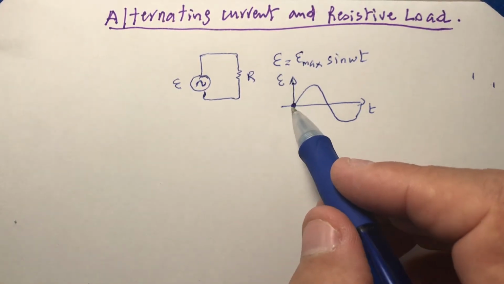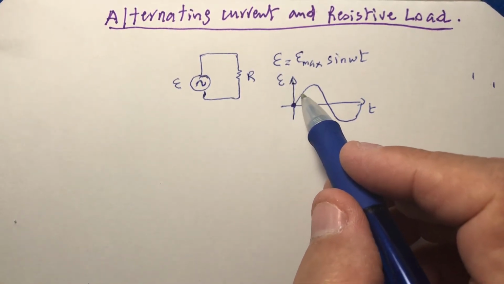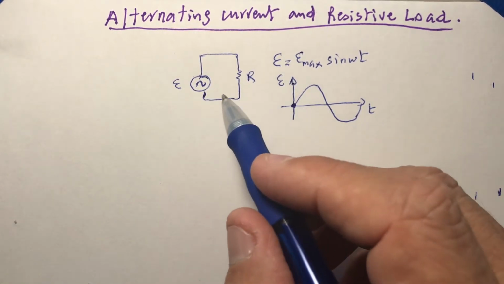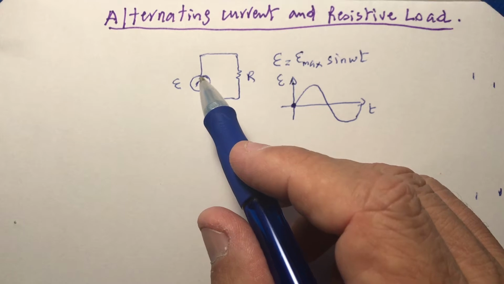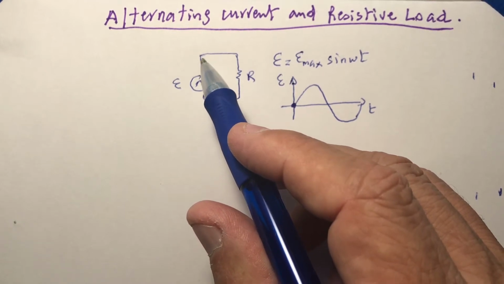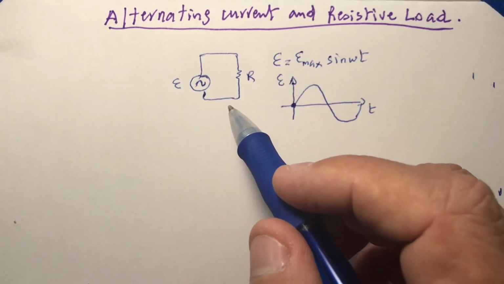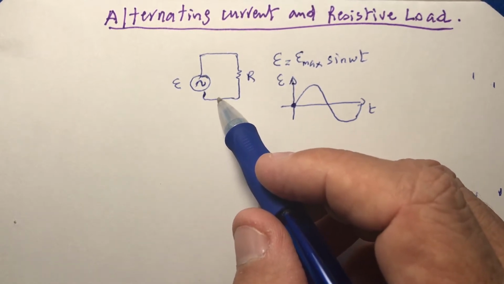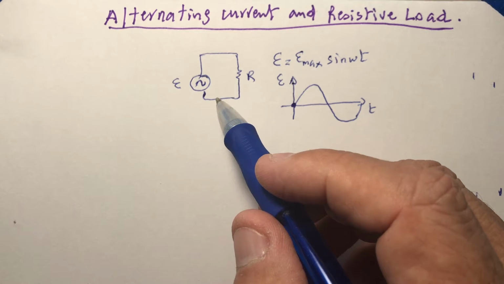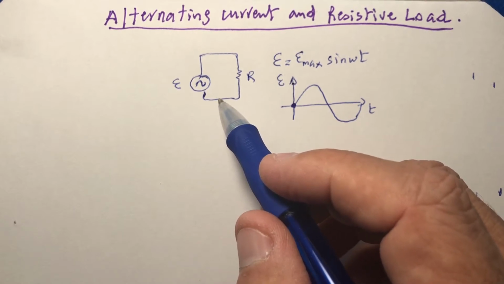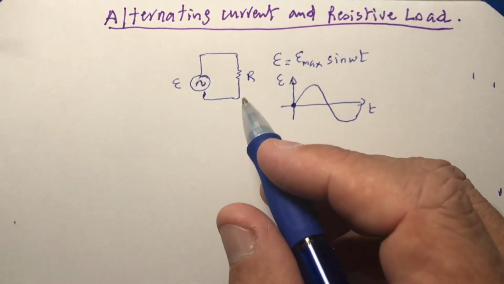The reason we say the current is changing is because the electrons coming out of the power supply are going back and forth. They go in groups and they have this drift velocity, which is really very small.